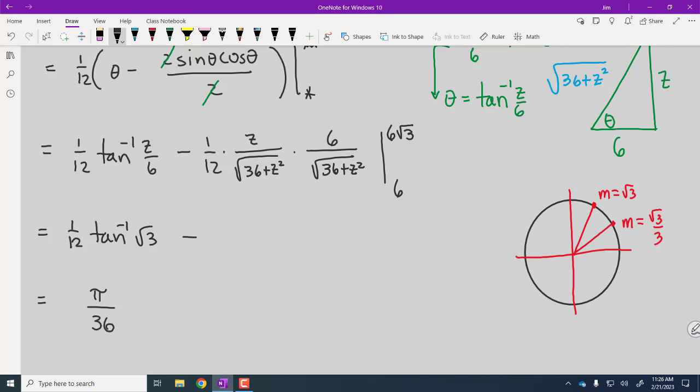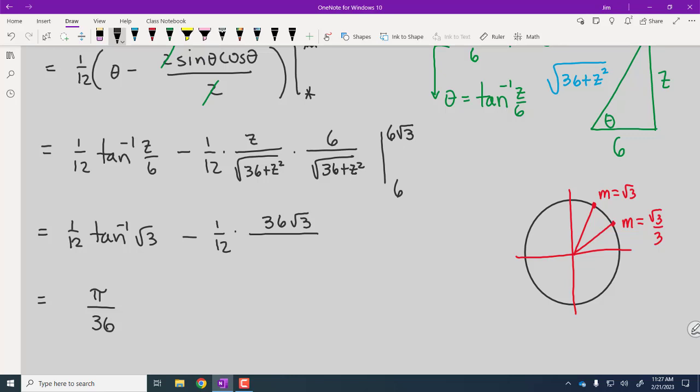All right, so here we're plugging in 6 root 3 for the z. So in this numerator here, we have 6 root 3 times 6. 6 root 3 times 6 is 36 root 3. And in the denominator, the two square roots multiply and the square root goes away, so we just have whatever's inside.